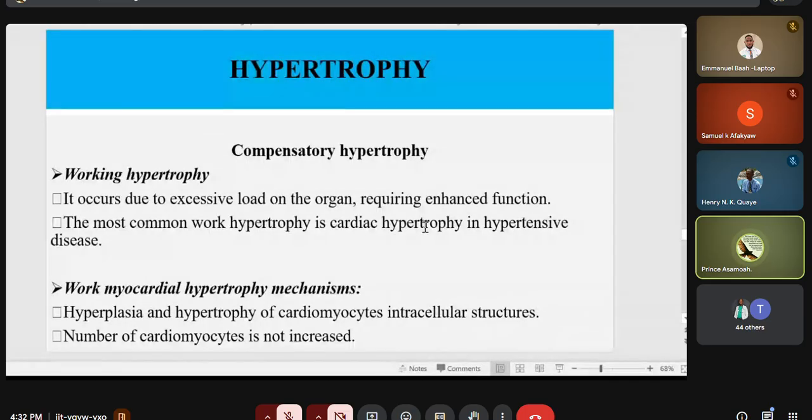Persons will come to you with clinical reports saying left ventricular hypertrophy. What essentially it means is that the heart is doing more work than it should be. And usually it is because of what? Hypertension. When hypertension sets in, the volume of work for the heart increases, leading to left ventricular hypertrophy.